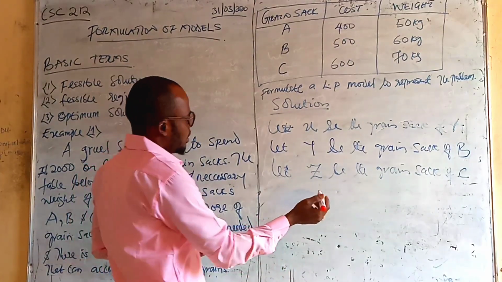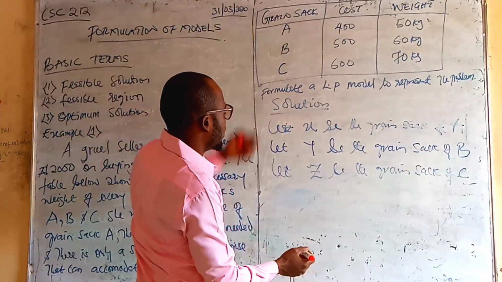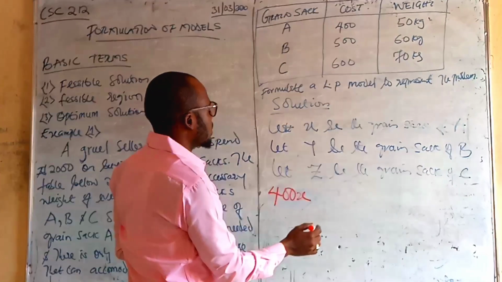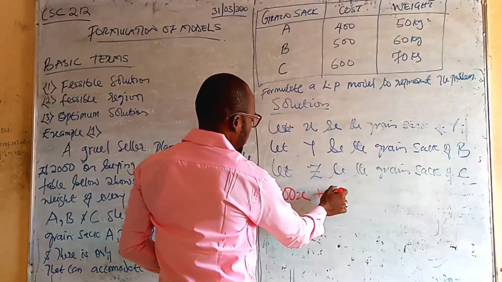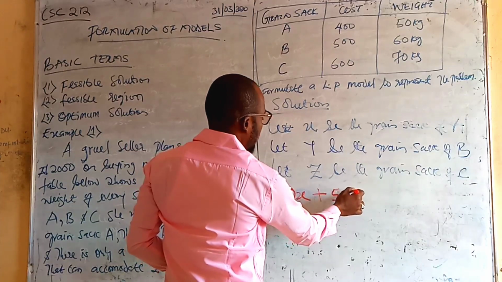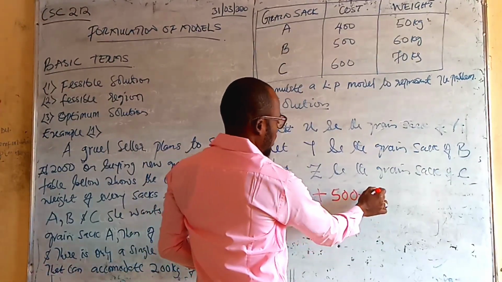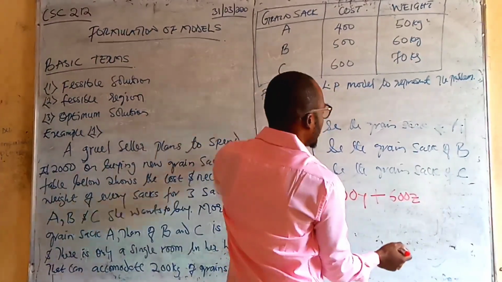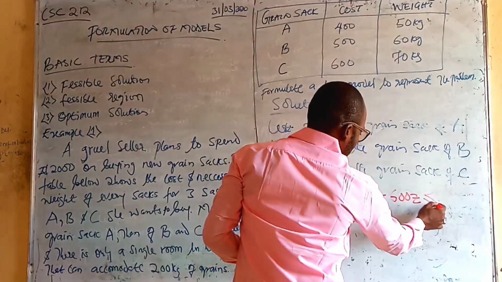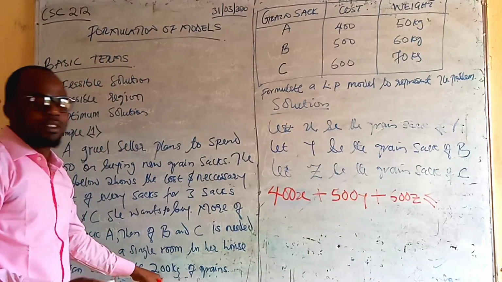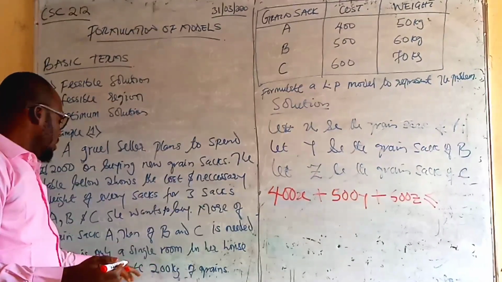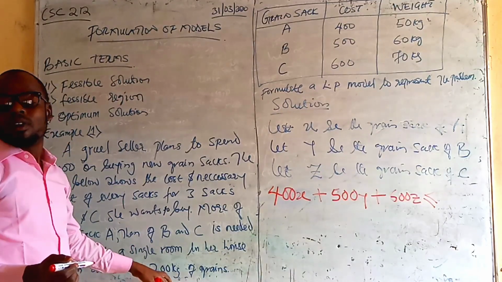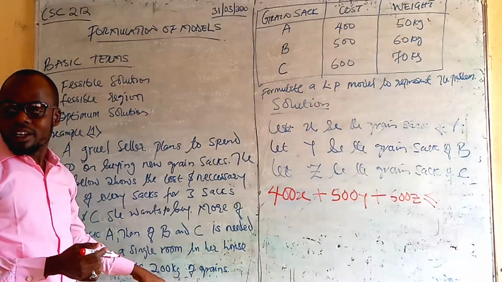So then we take the cost of each grain sack: 400x plus 500y plus 600z is less than or equal to 200, because the room that will accommodate the grain sacks is not going to accommodate something greater than 200.